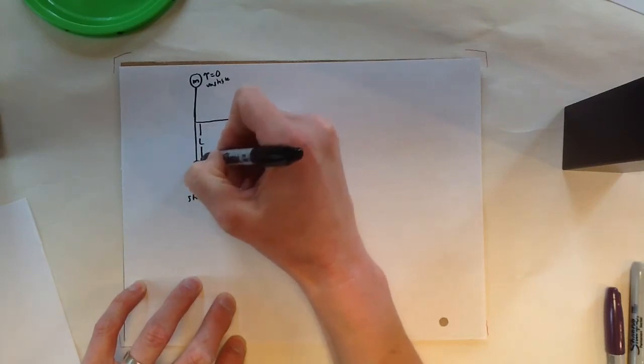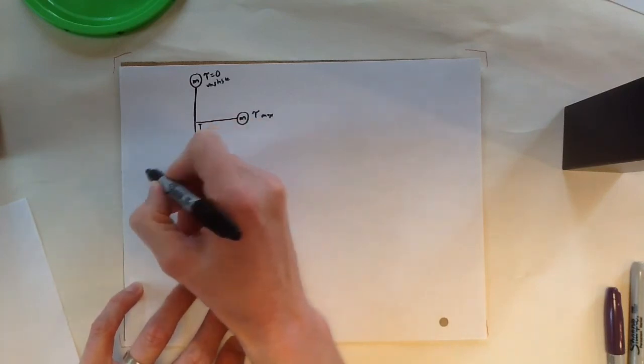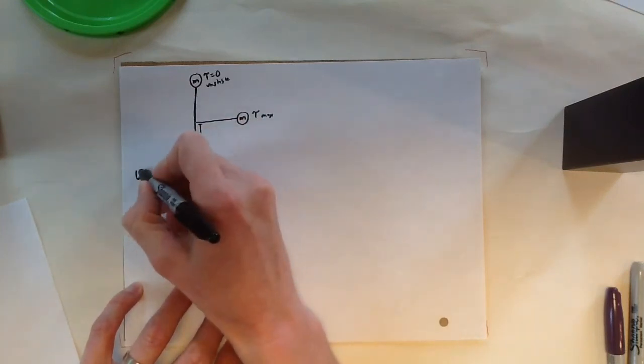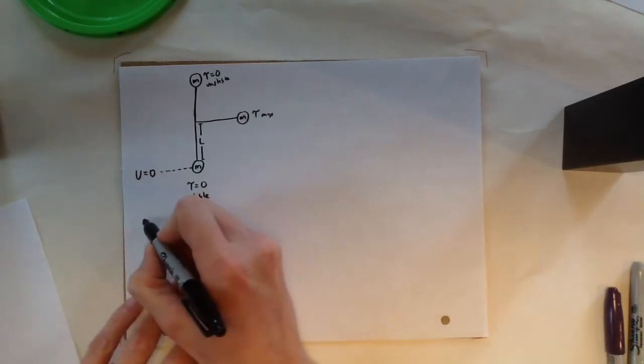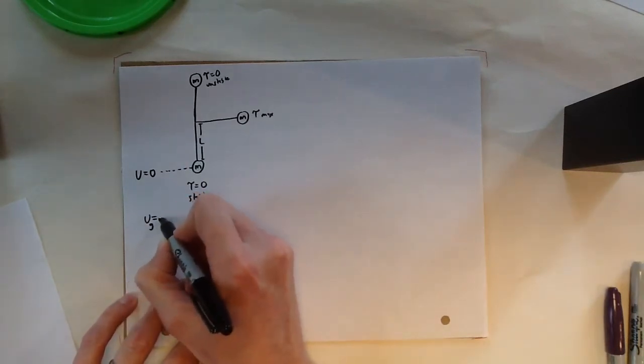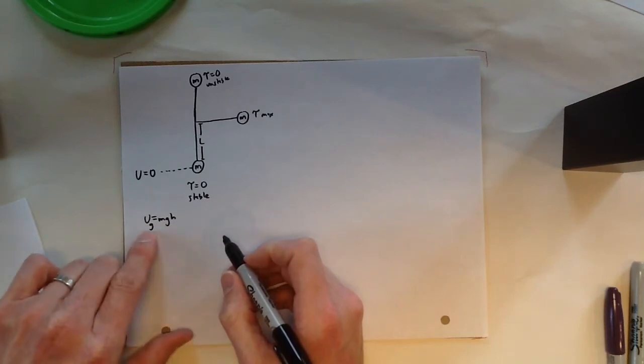Okay. Now, in physics 1, you guys are trained to usually set U equals 0 at the lowest height of interest. So you might say U equals 0 down there, and then of course you'd use your gravity, mgh, to find it at the other places.